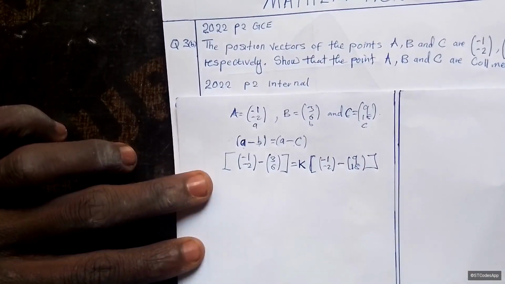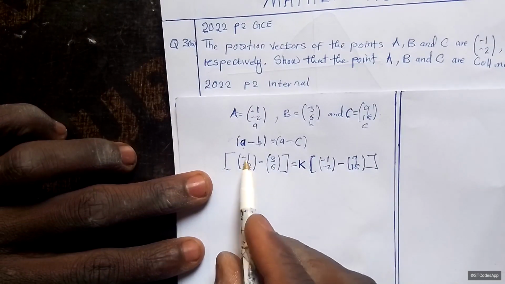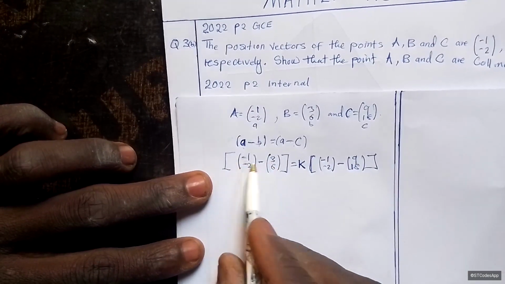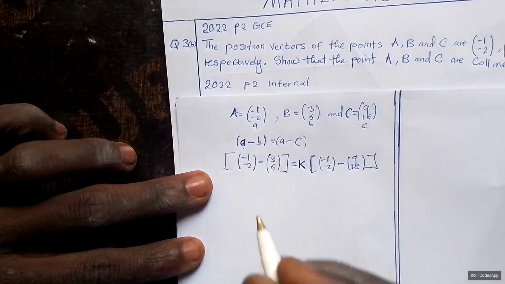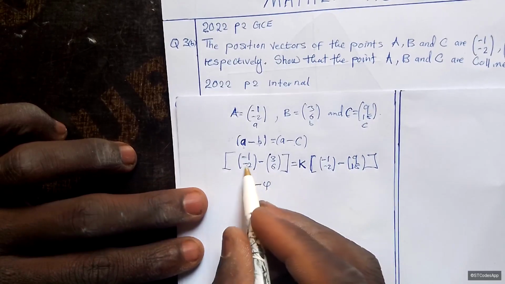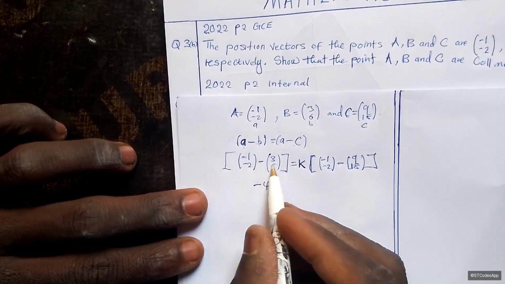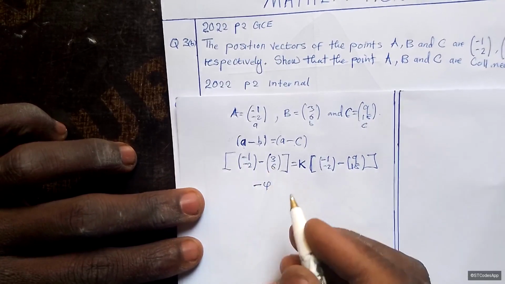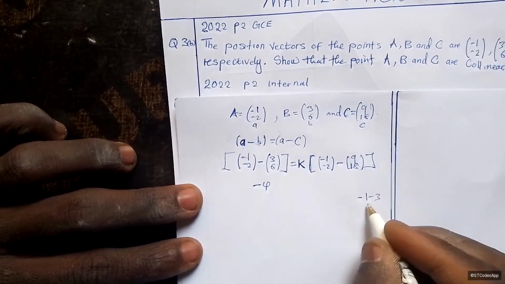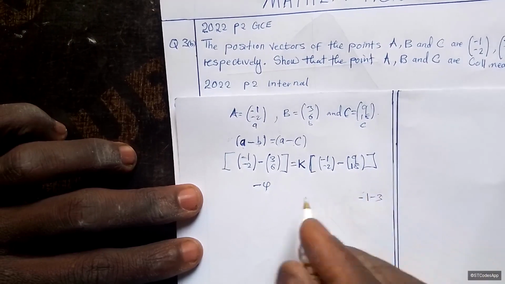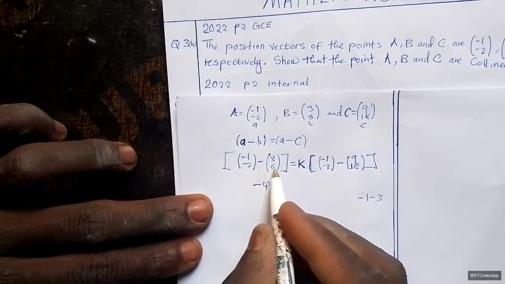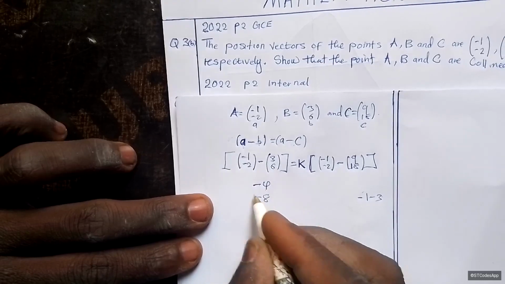From there, -1 minus 3 I'm going to get negative 4, and negative 2 minus 6 I'm going to get negative 8.